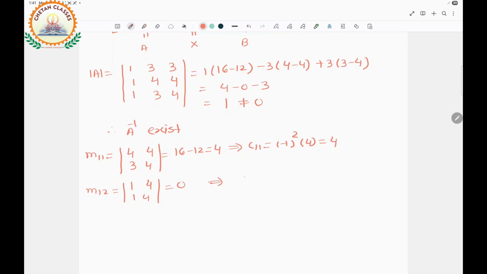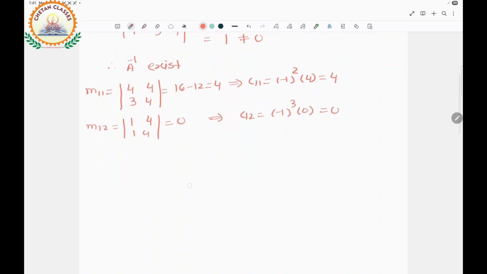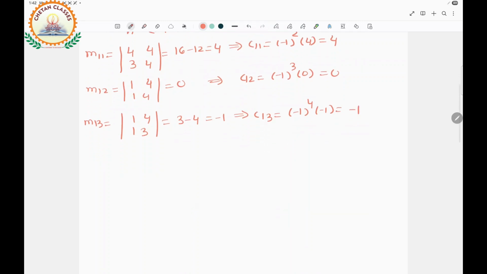It means 0. So C12 is equal to minus 1 cube into 0, that is 0. M13 is determinant of 1, 4, 1, 3. So 3 minus 4 is equal to minus 1. So C13 is equal to minus 1 raised to 4 into minus 1, that is minus 1.